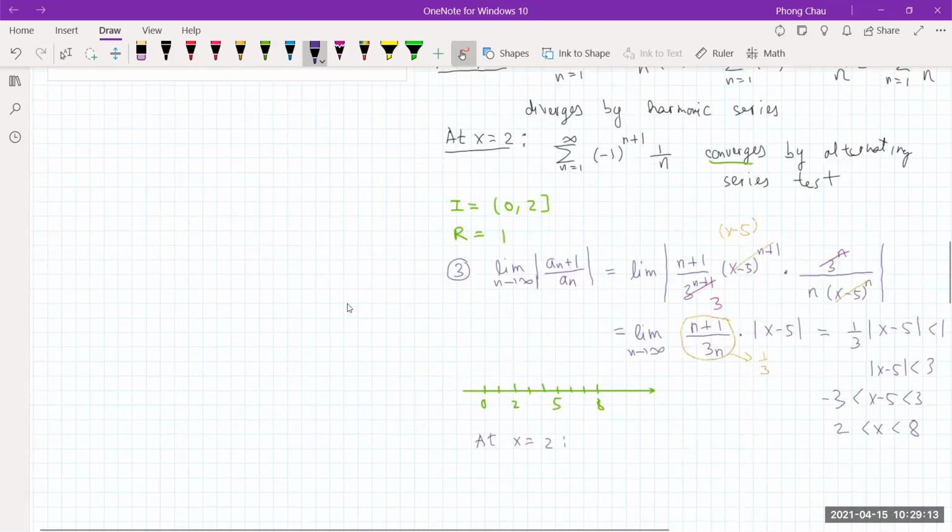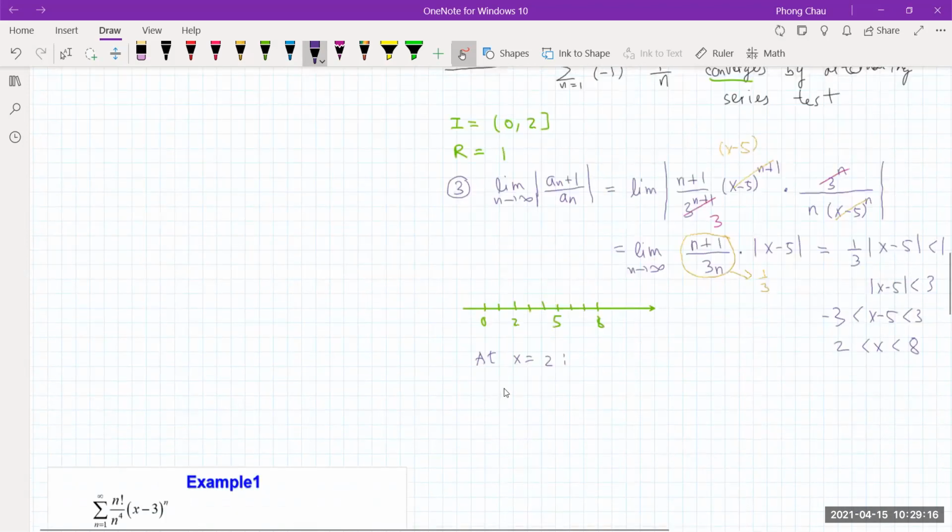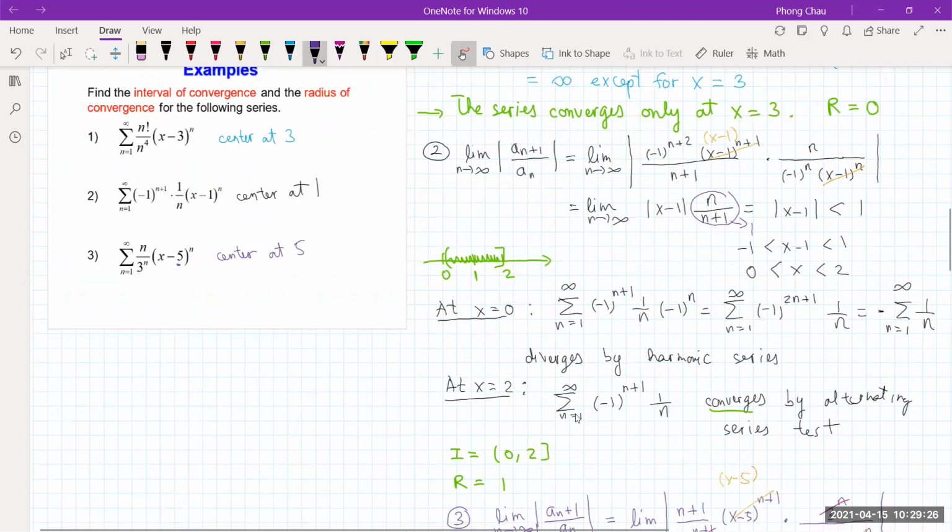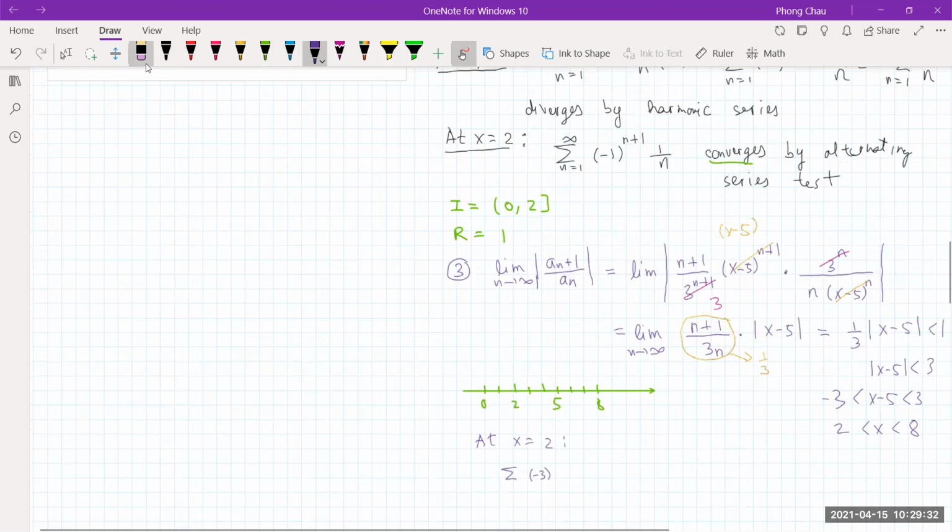Our series becomes the sum of n over 3 to the n, times -3 to the n, from 1 to infinity.